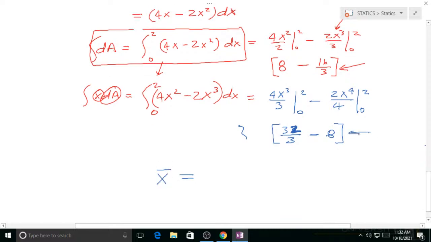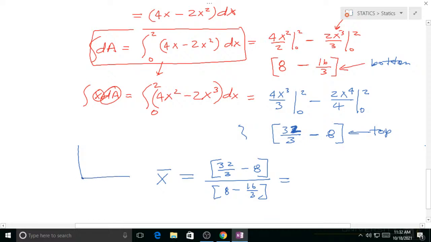And that's this on top and that on bottom. That's the centroid of that sliver.